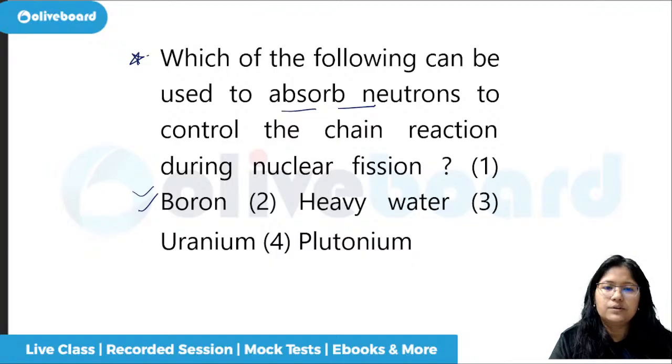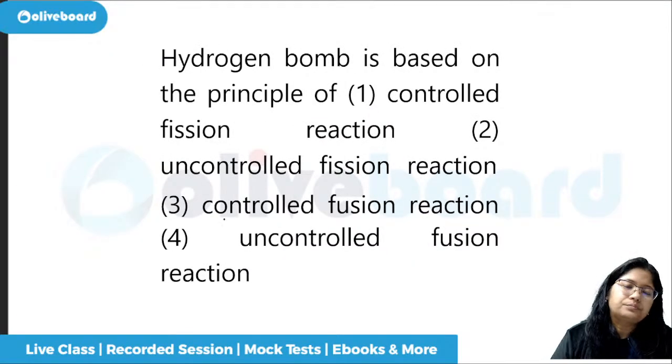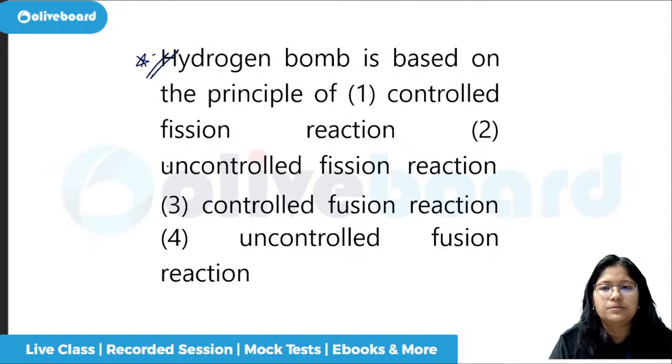So if the question is asked like this, then we select boron. Hydrogen bomb, I told you just some time before, it works on which principle? Fission? No. Fusion? Yes. Controlled fusion or uncontrolled fusion? Since it is a bomb, we will go for uncontrolled fusion.